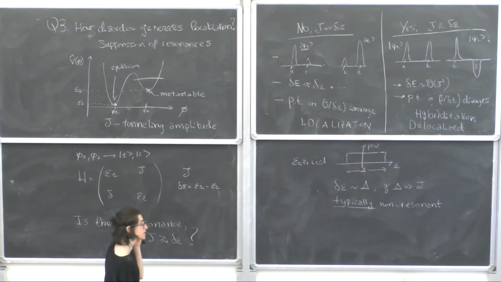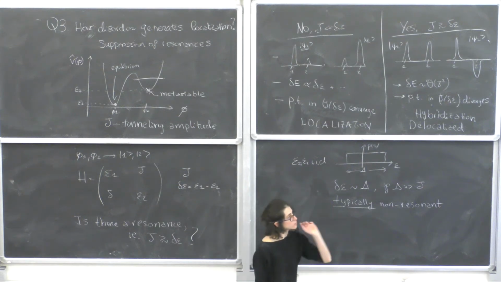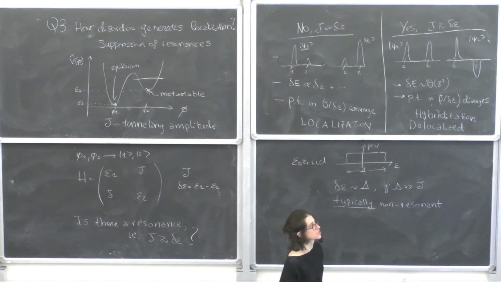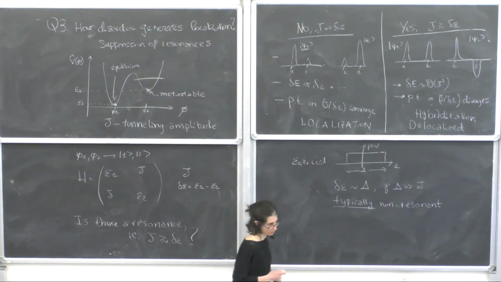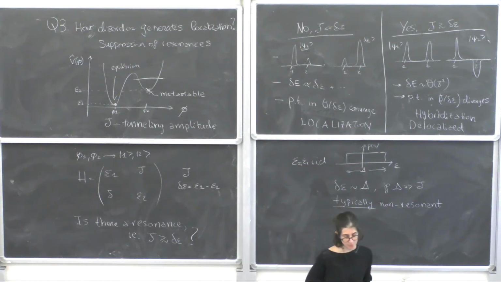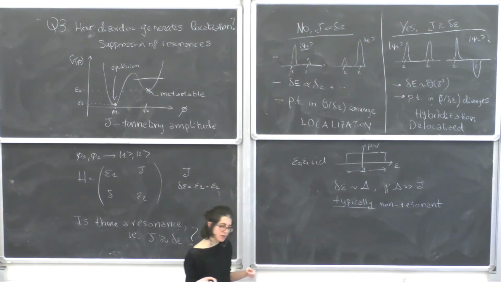Absolutely. So the question is, what happens if we do not have a hopping which is strictly local in space, but if we allow for long-range hopping. And there things depend on how long-range you make it. So you can choose a distribution of your hoppings which is power law. And then you will have critical powers which depend on the dimensionality.